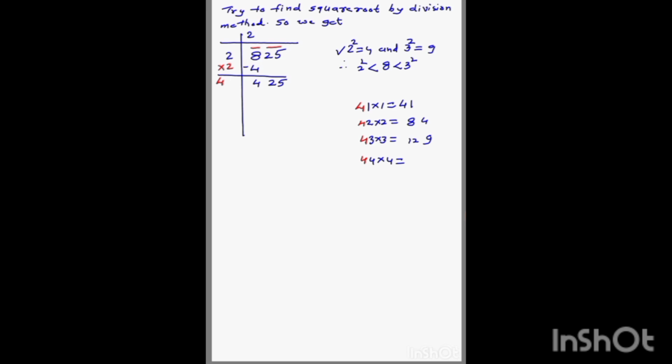So 44 into 4 is 6, carry 1, and 176. Then 45 into 5: 5 into 5 is 25, and 225.